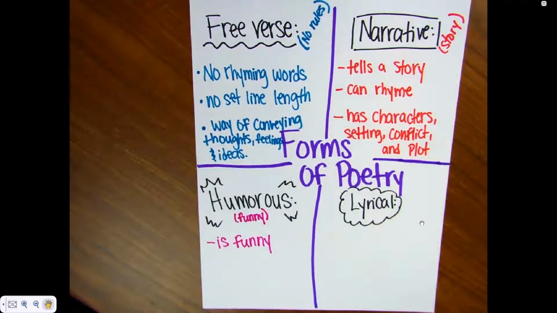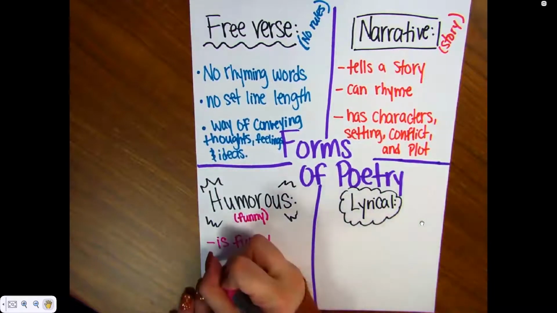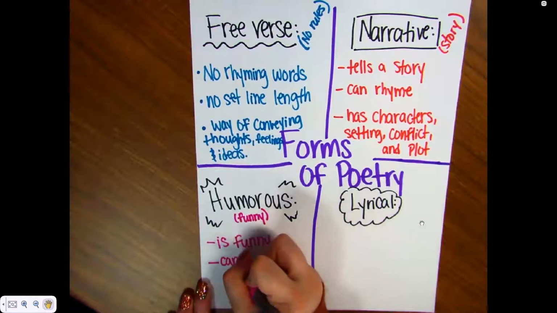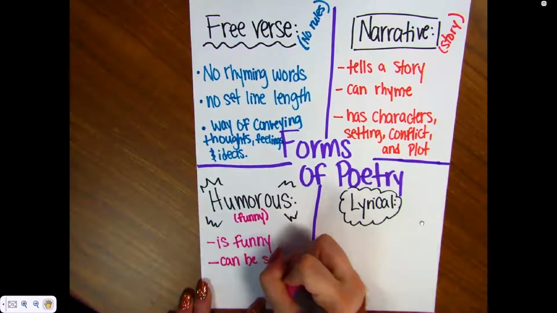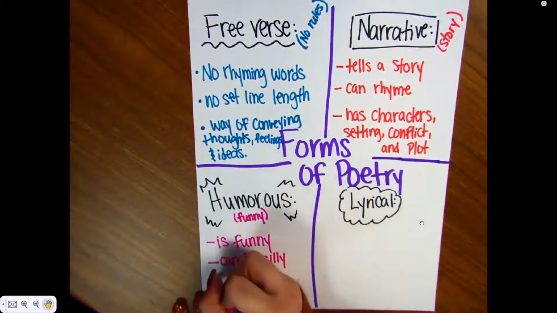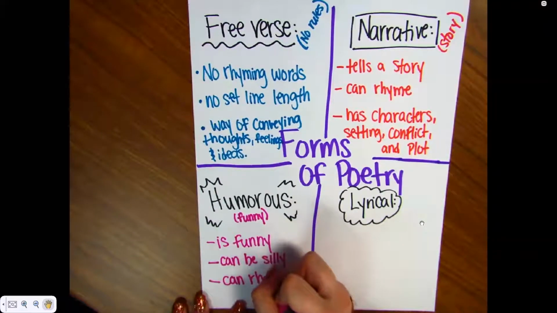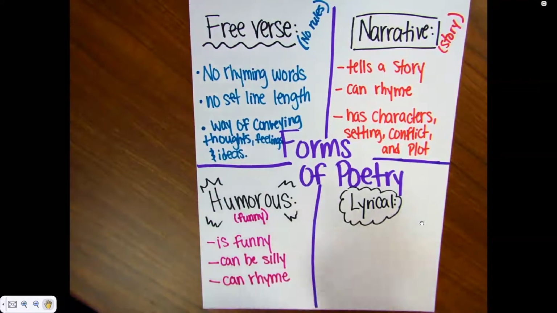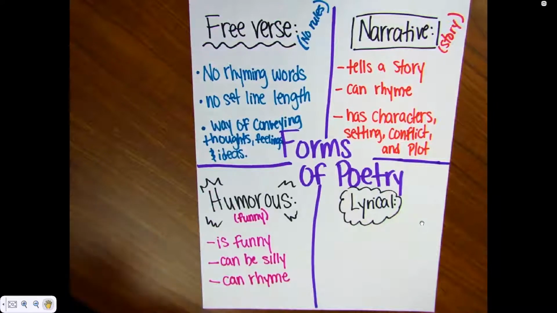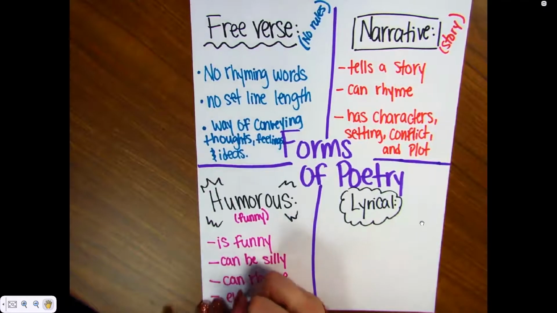Humorous is funny, can be silly, and can rhyme. Okay? So humorous is when a poem is funny, it can be silly, and it can rhyme. Basically the author wrote it as entertainment, okay? The author wrote it for entertainment.